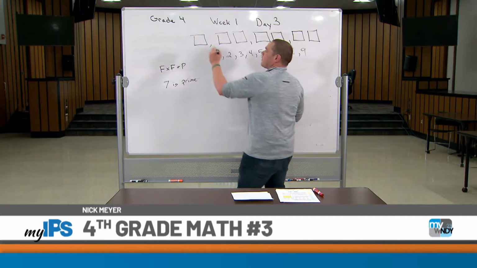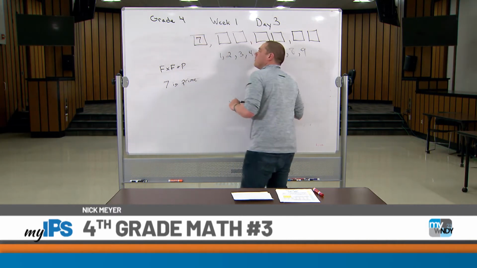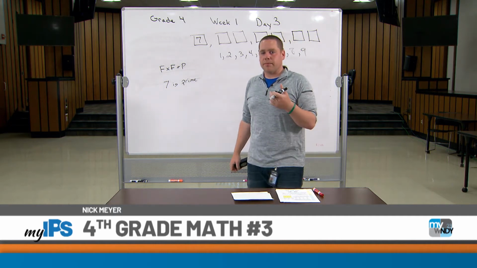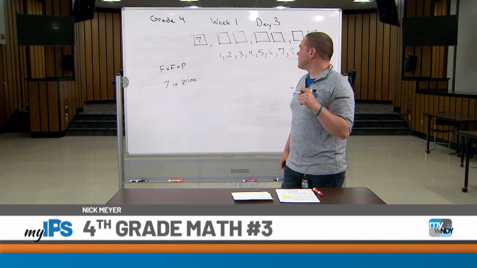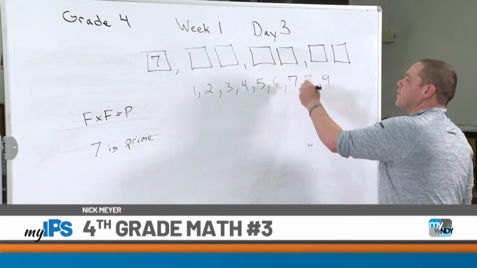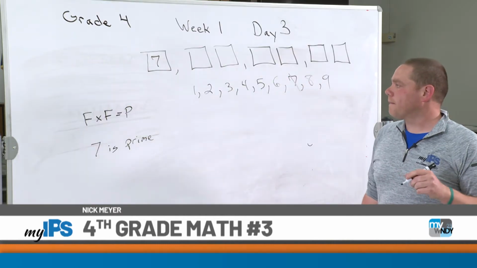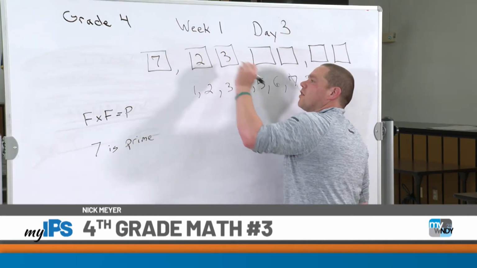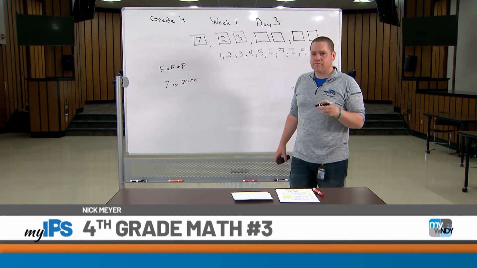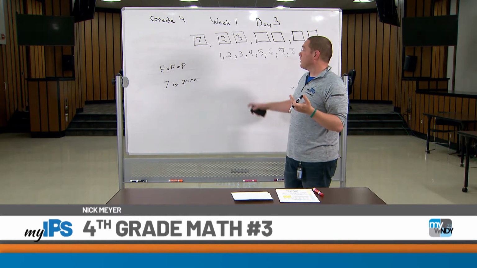So we knew 7 could go here. What do you think a 2-digit number that we could make is that only has 2 factors? I use 7. Somebody said 23. That's a good guess.